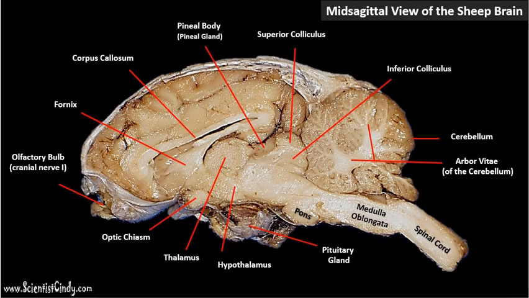And let's see, just in here, you have the lateral ventricle. And right here is your pineal gland that secretes melatonin. Alrighty, so that's the brain. Those are the parts of the brain.